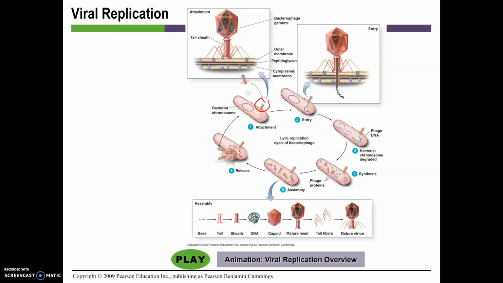That's the entry step. During the infection, you're going to be breaking up the bacterial chromosome as you're making new copies of the virus. Then when you have enough of all those components inside the cell, you assemble new viral particles, which then break out of the cell in a lytic type of cycle.